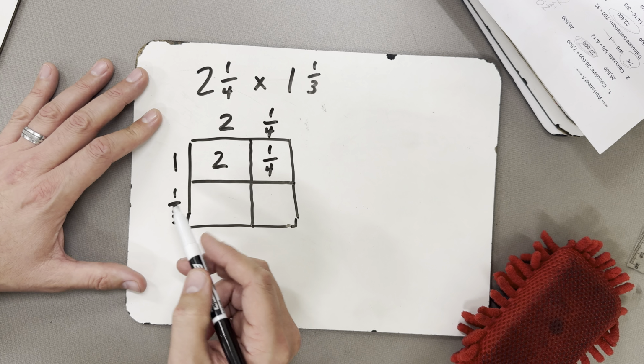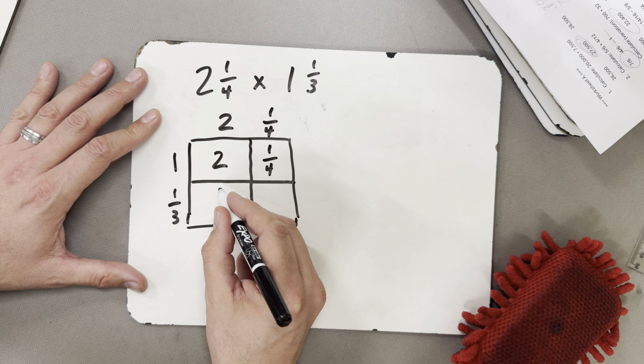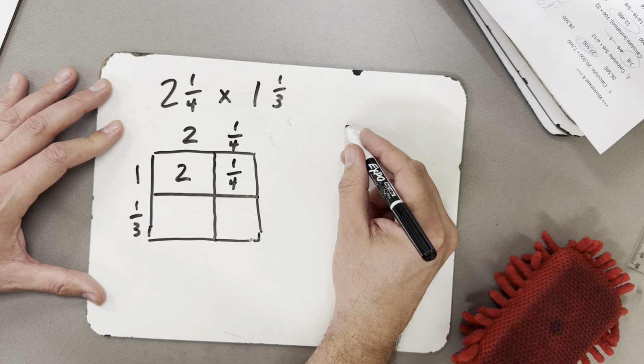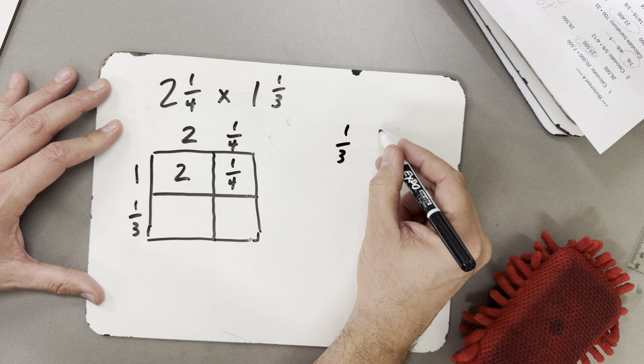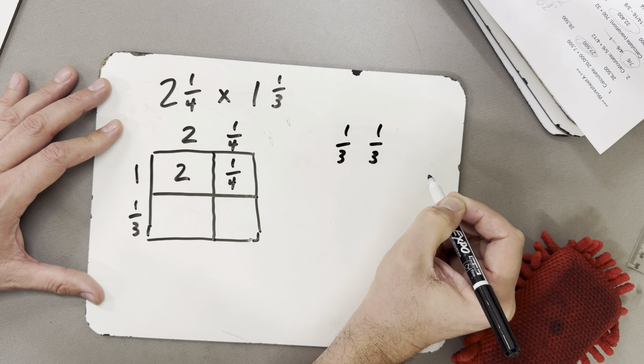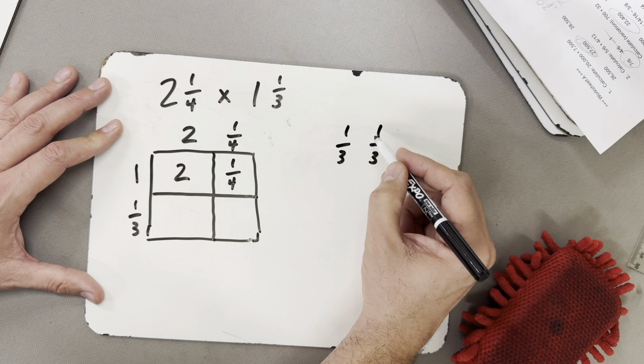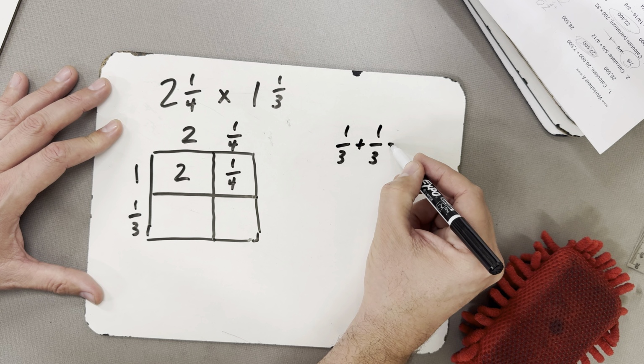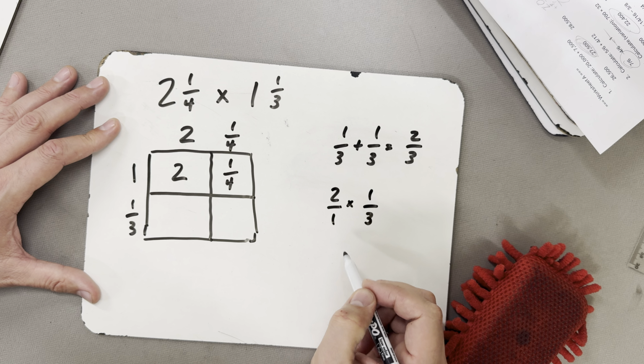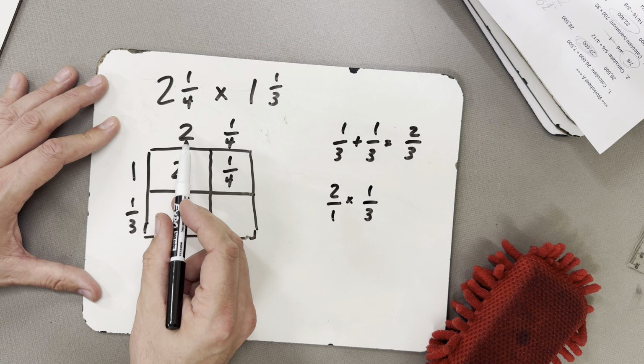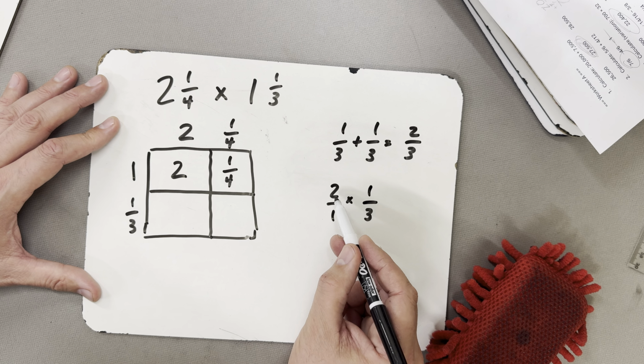2 times 1/3 is, right? Let's just review for a second. If I have 2 times 1/3, I've got 1/3 2 times, which is really 2/3. Another way you can think of it is 2 whole numbers, because that's a whole number here, okay? 2 whole numbers, which is 2 over 1.